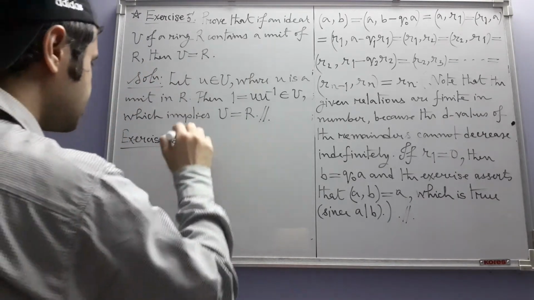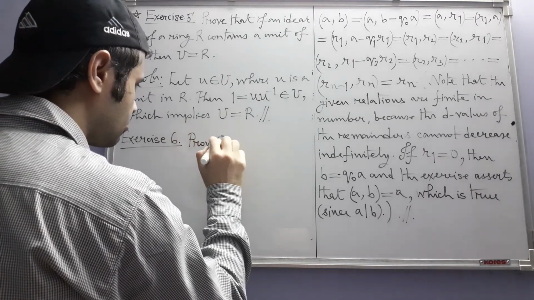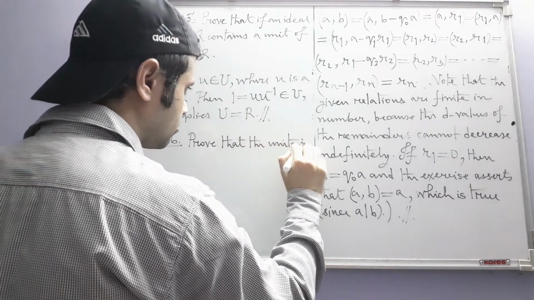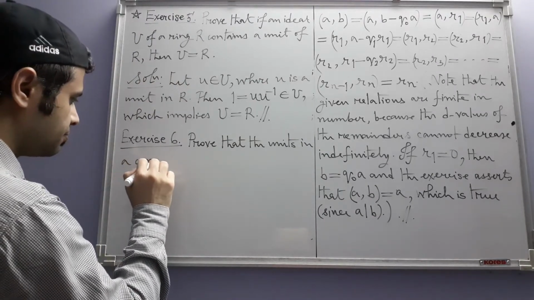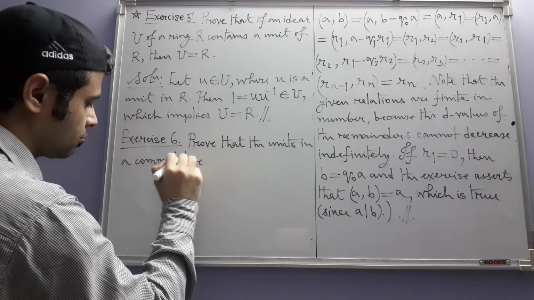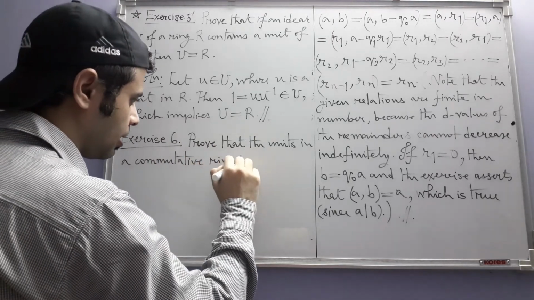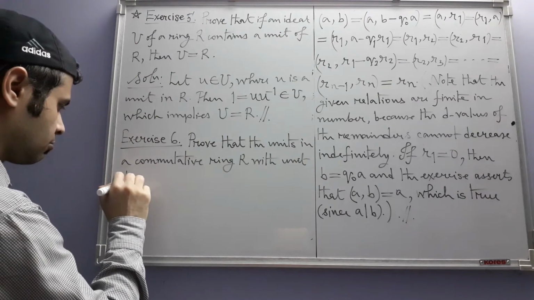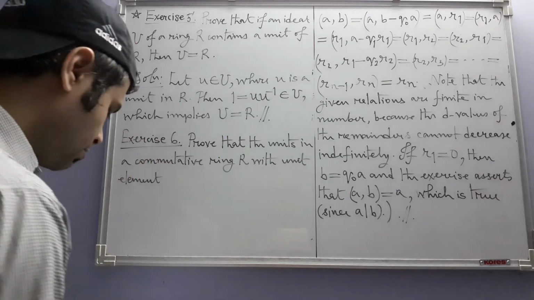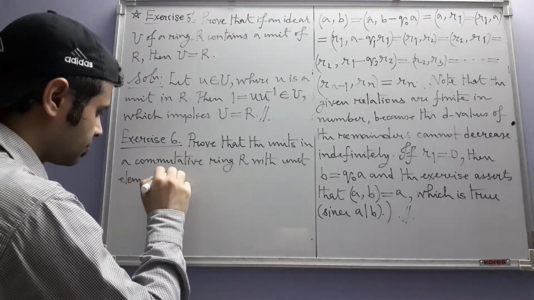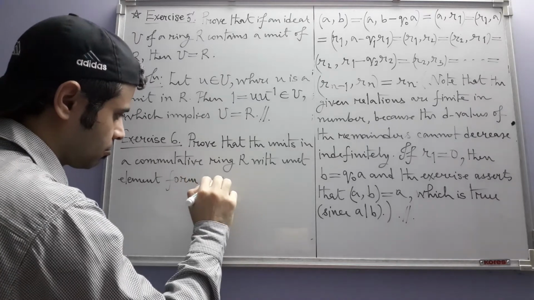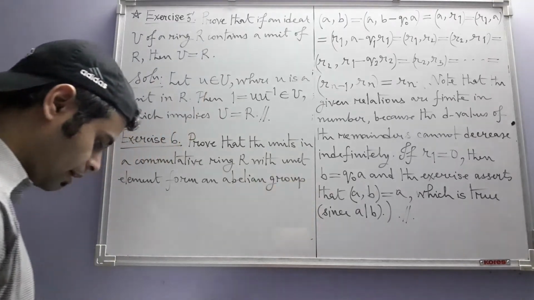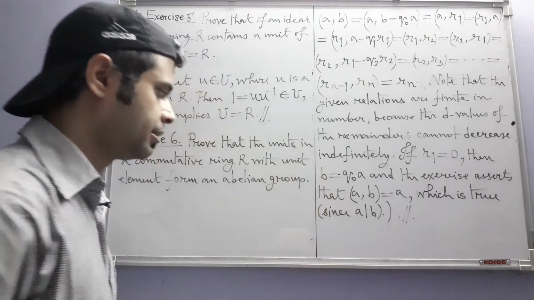Prove that the units in a commutative ring with unit element form an abelian group under multiplication. Okay, the author has not mentioned multiplication, we have to guess that.